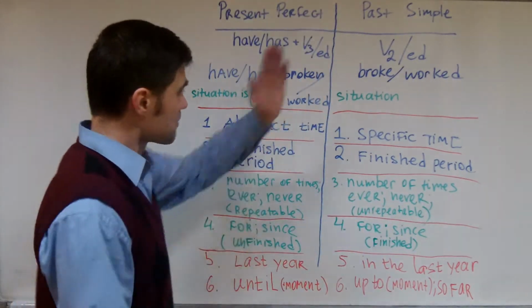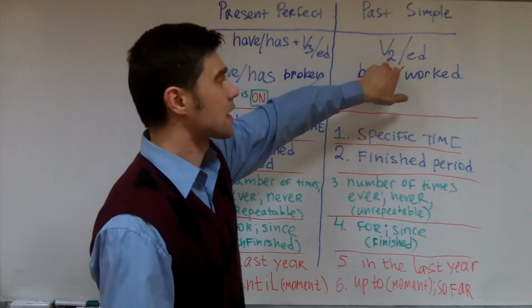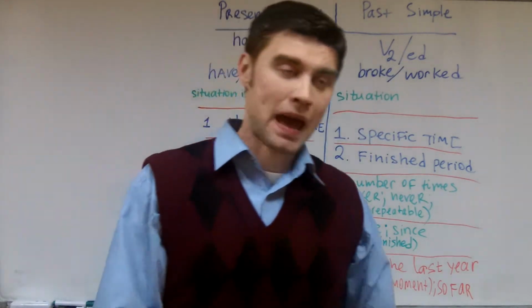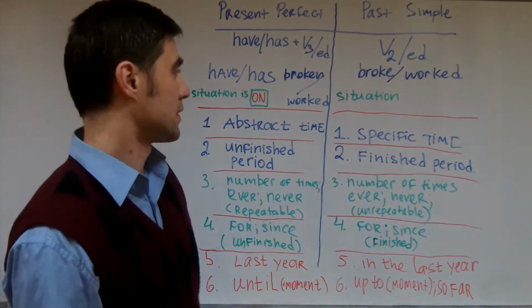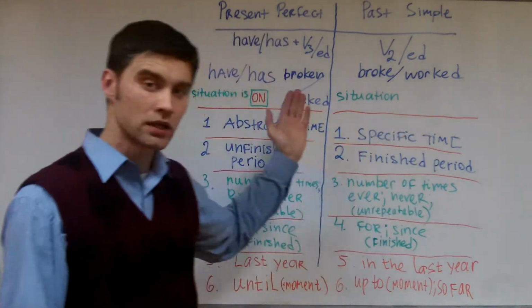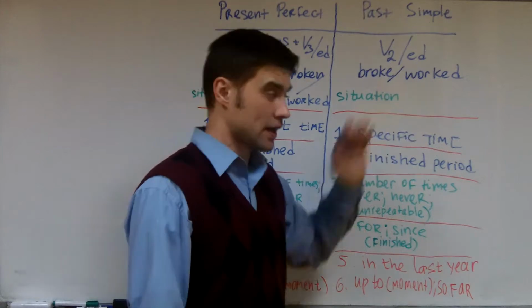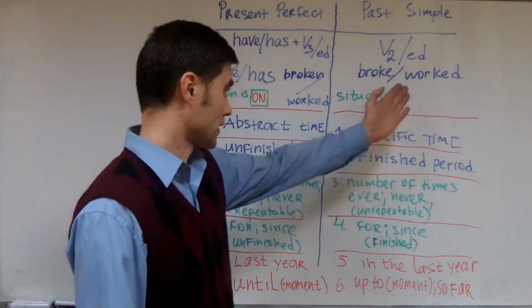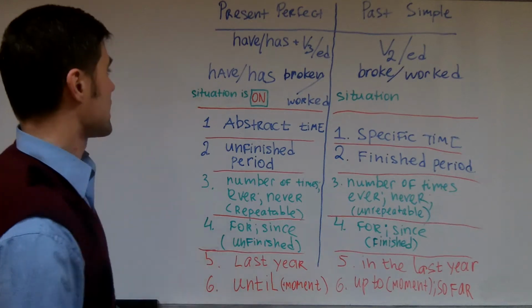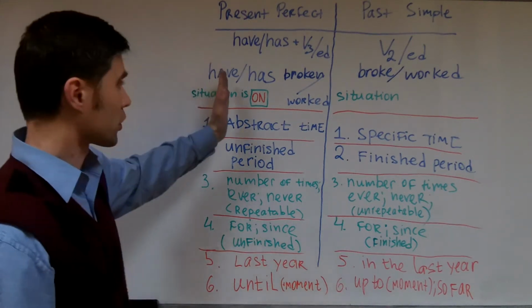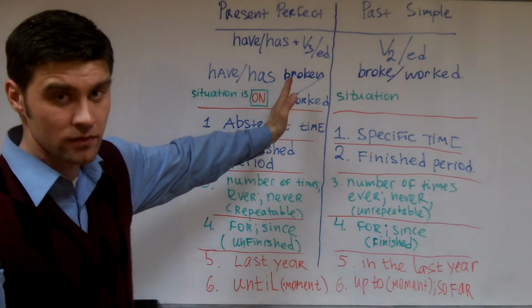Now, the past simple, we've got here the second verb form, or the past simple form, which in the case of break is broke, not broken, but broke. And in the case of a regular verb, it's the same, worked. So difference number one, in the formation, we see that here there is have or has. Okay?